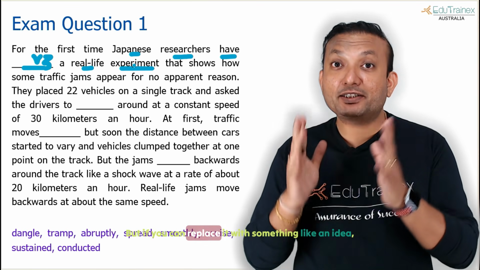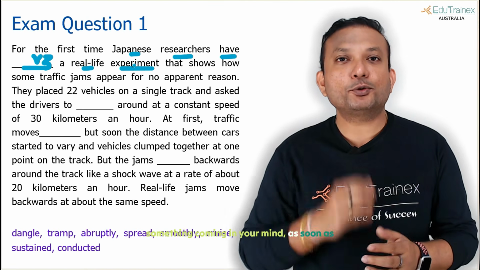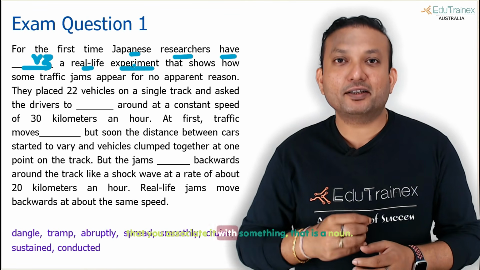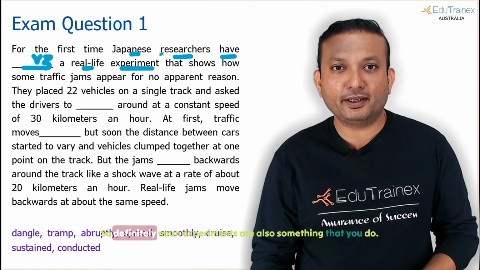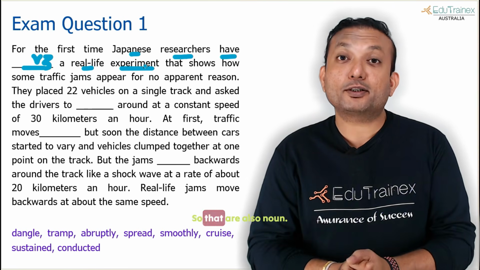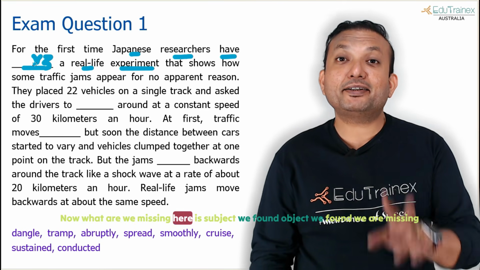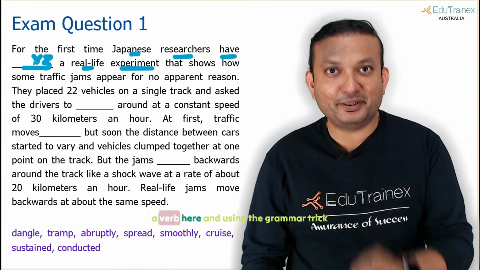If you can replace it with something like an idea, something coming to your mind, as soon as you associate it with something, that is a noun. Researchers are people, so definitely a noun. Experiments are also something that you do, so that is also a noun. Now what are we missing here? Subject, we found, object, we found, we are missing a verb here.